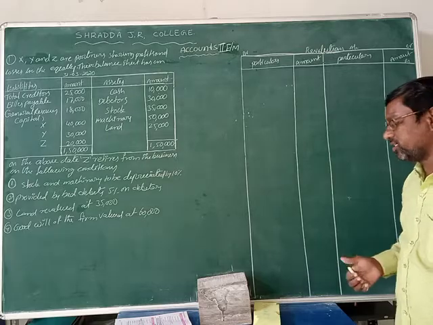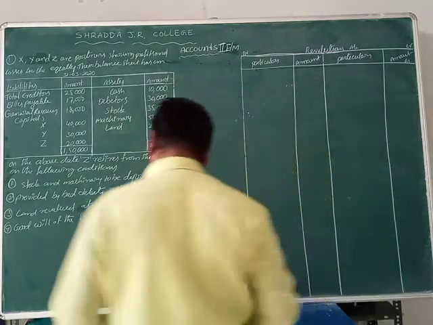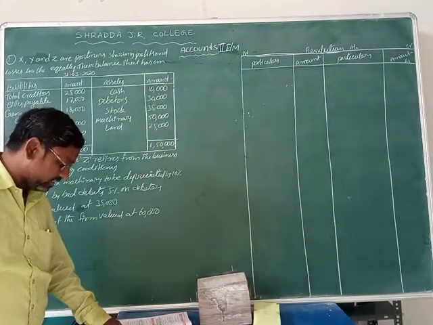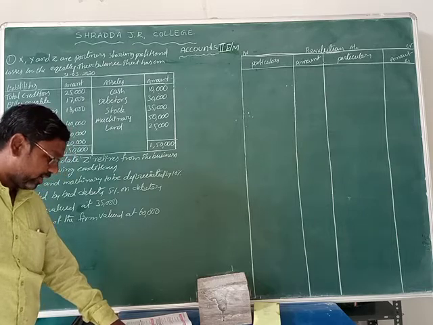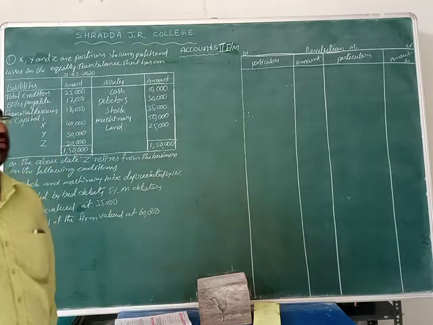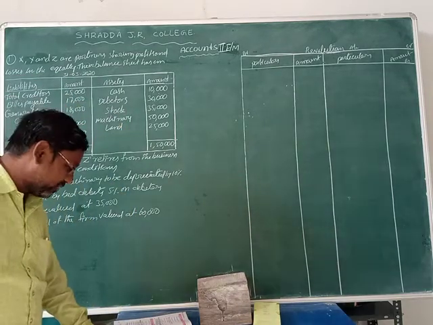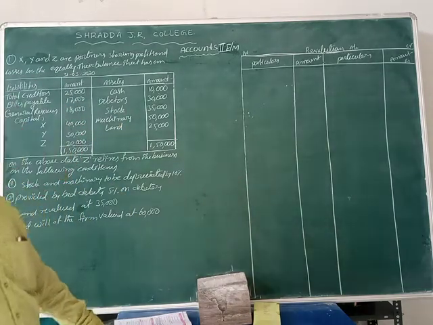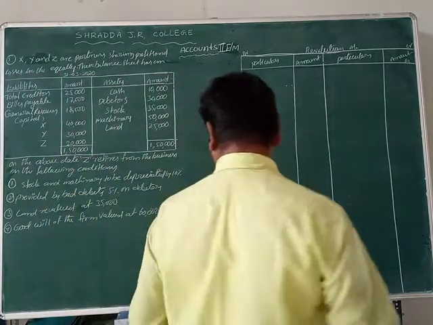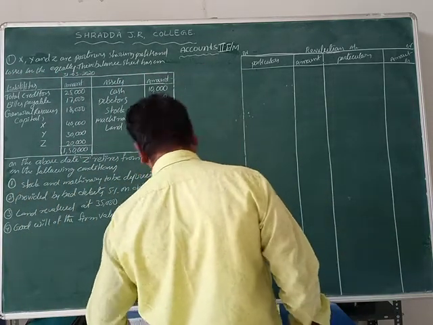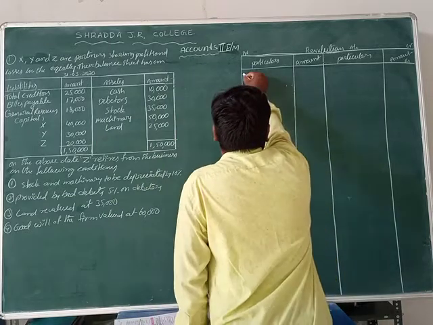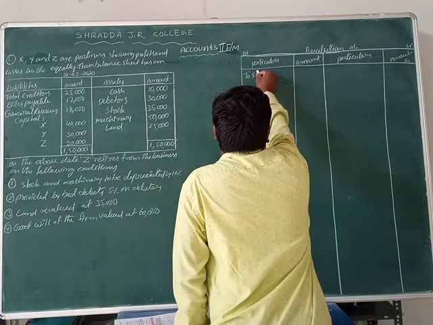Okay, now let us see what is the first adjustment given here. The first adjustment is stock and machinery to be depreciated by 10%. First of all we take the machinery and stock account. It is decreasing, so we write it to the stock account.